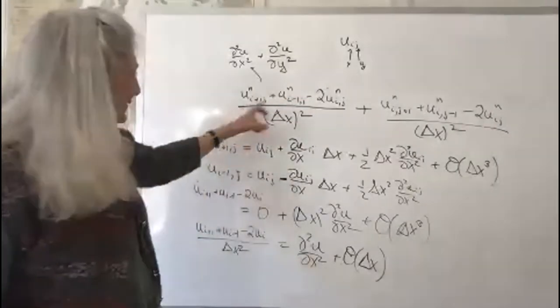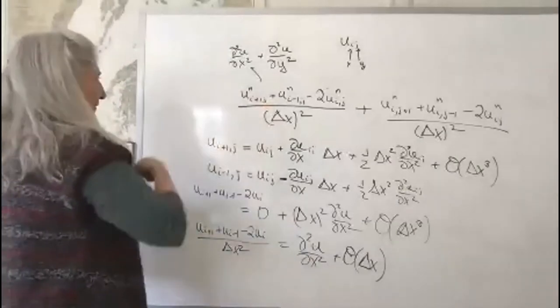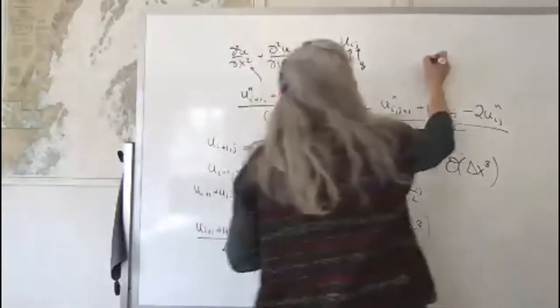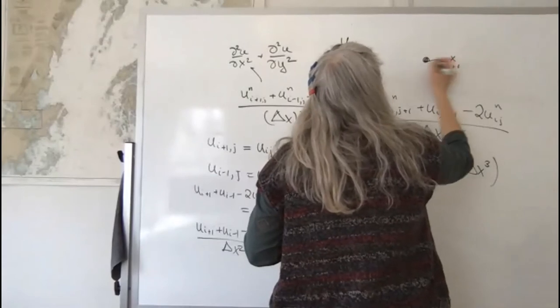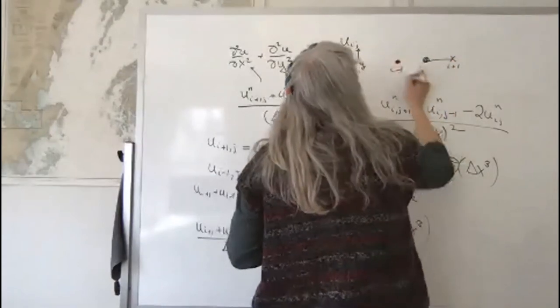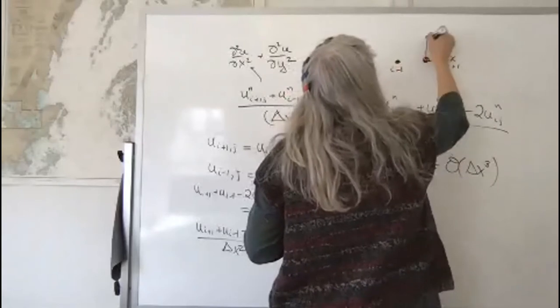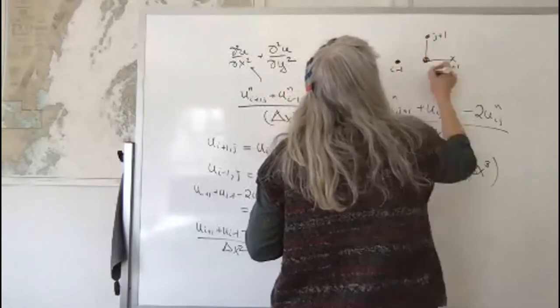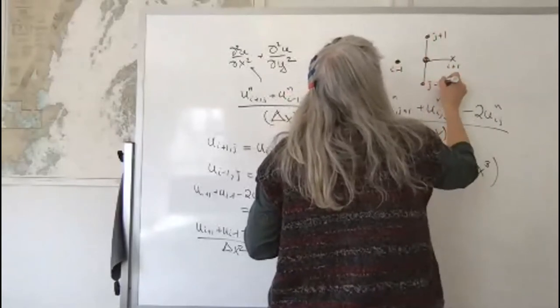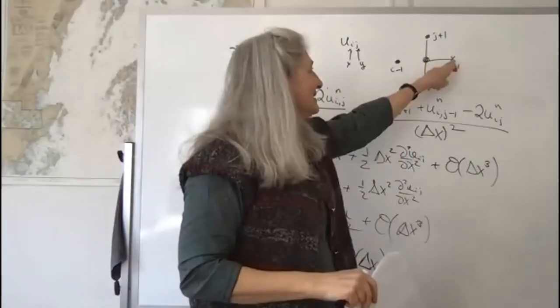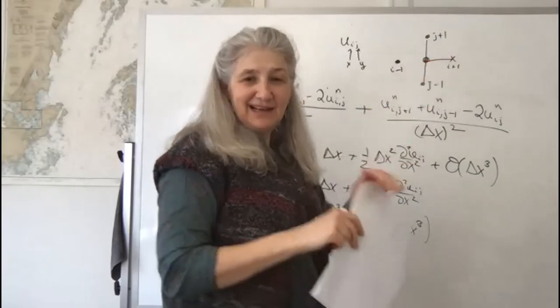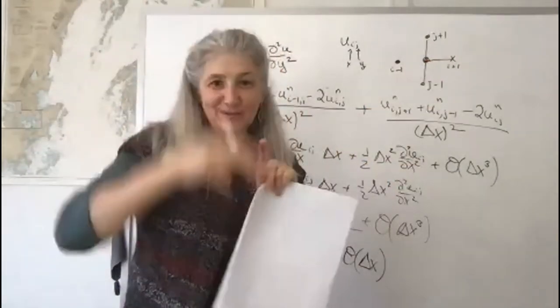And you can look at this and think about, on the grid, what are we doing? If we have a position here, then this point here is the i plus 1. This point here is the i minus 1. This point up here is the j plus 1. Down here is j minus 1. And what we're doing is we're adding these two and subtracting that one. And so if it's curved, we'll see a signal.